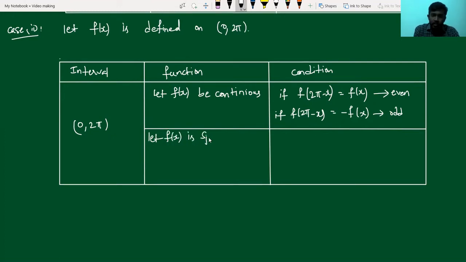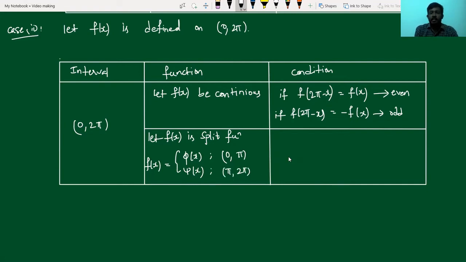That is, f of x is defined in the form of phi of x in the interval 0 to pi, and it takes the value psi of x in the interval pi to 2 pi.